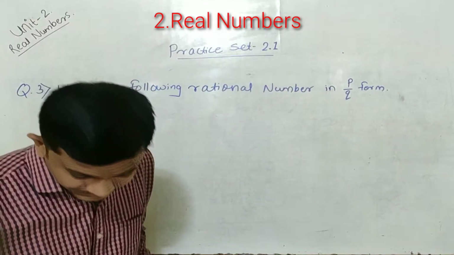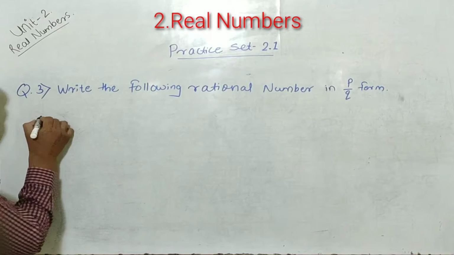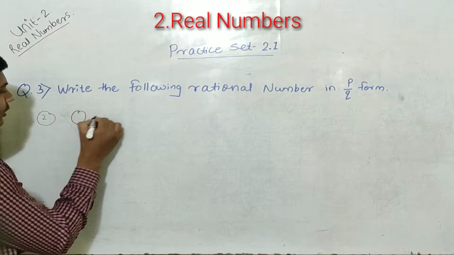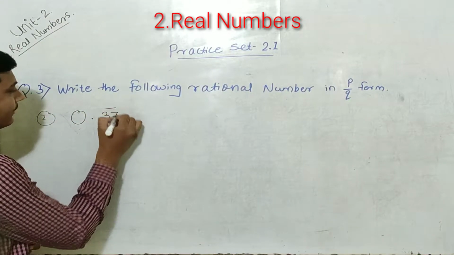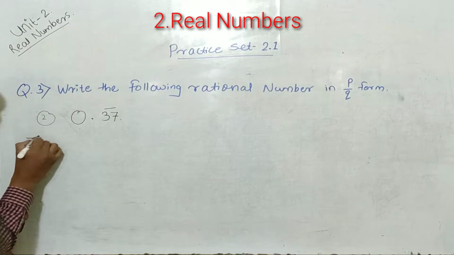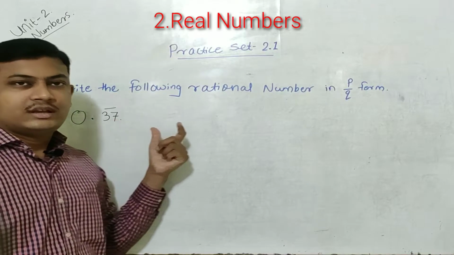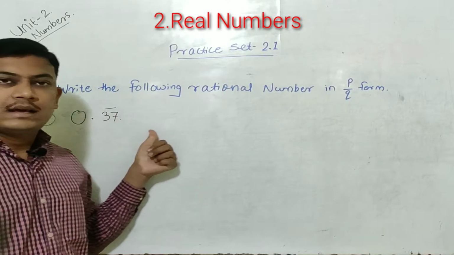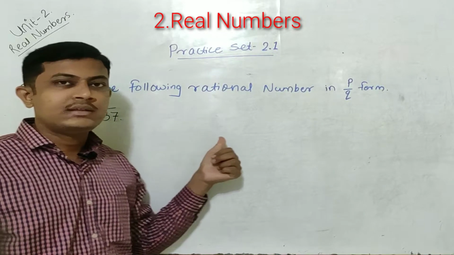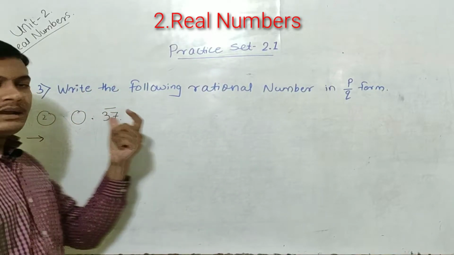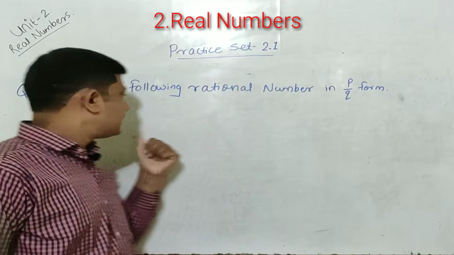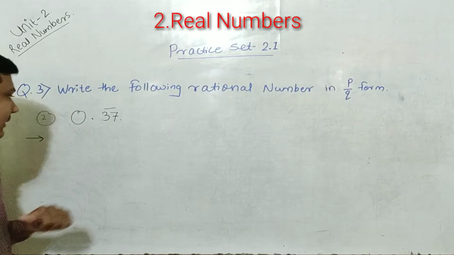Next question is 0.37 bar. Here after the decimal point, 2 digits, that is a pair, are repeating, that is 37 37 37. So only a minor change is there compared to the first one.